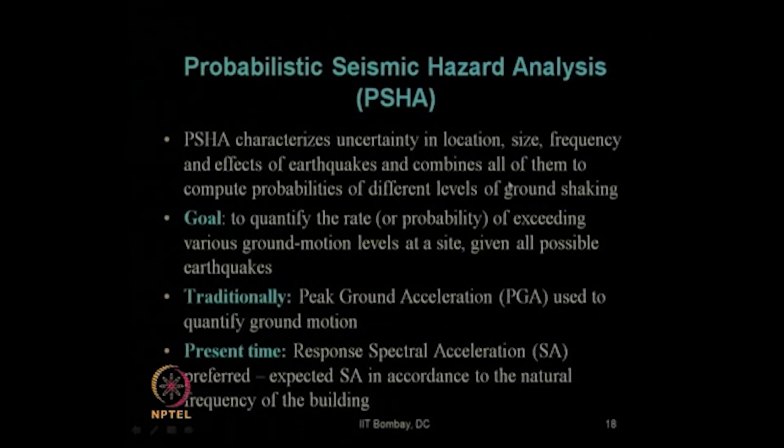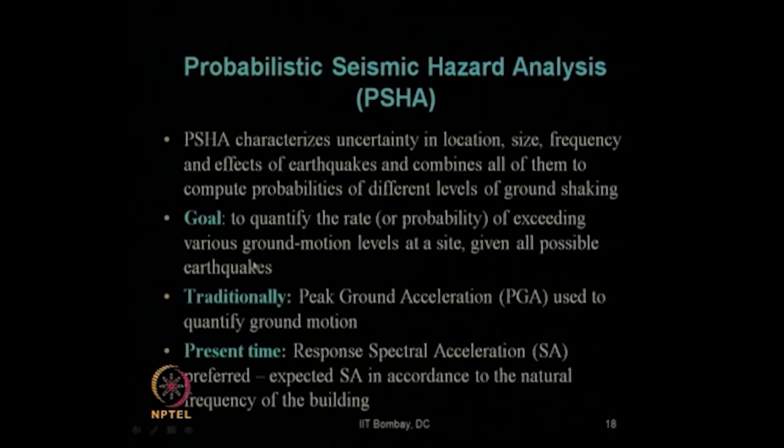So, whatever is your hazard parameter, whether PGA, PGV or spectral acceleration, what are the chances or probabilities need to be computed mathematically based on considering uncertainties involved in the earthquake location, earthquake size, number of occurrences, their effects, all of these together.